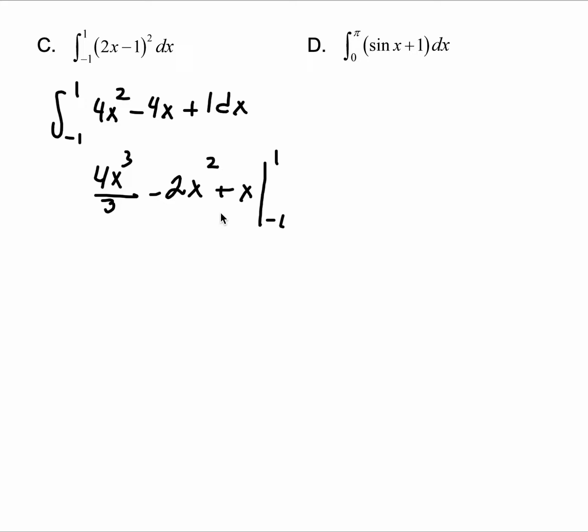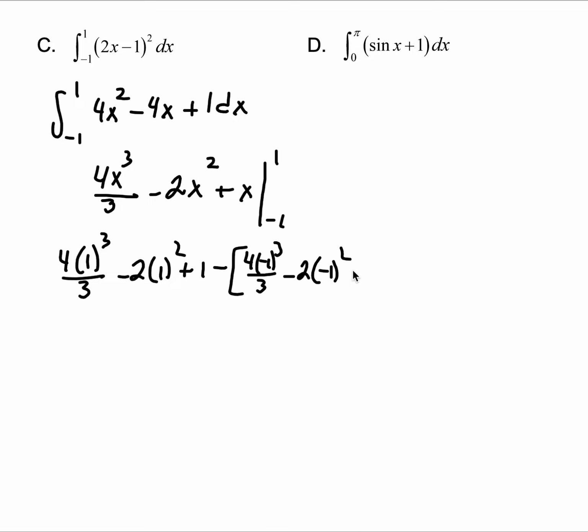And again, when you plug it in, well, I guess I'll show it. And then remember, you have to do minus, right? Minus. So this is going to become -4/3 over 3 minus 2 times -1 squared minus 1.